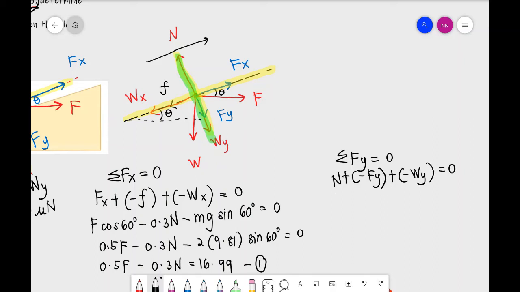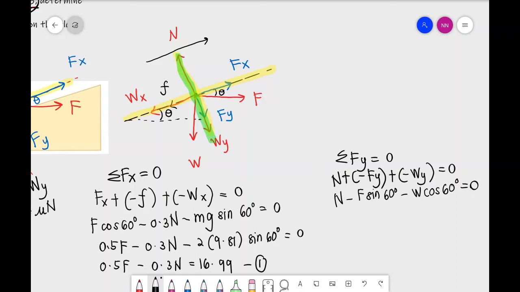So N minus Fy, where Fy is F sine 60 degrees, and Wy is W cos theta, W cos 60 degrees, equals 0.